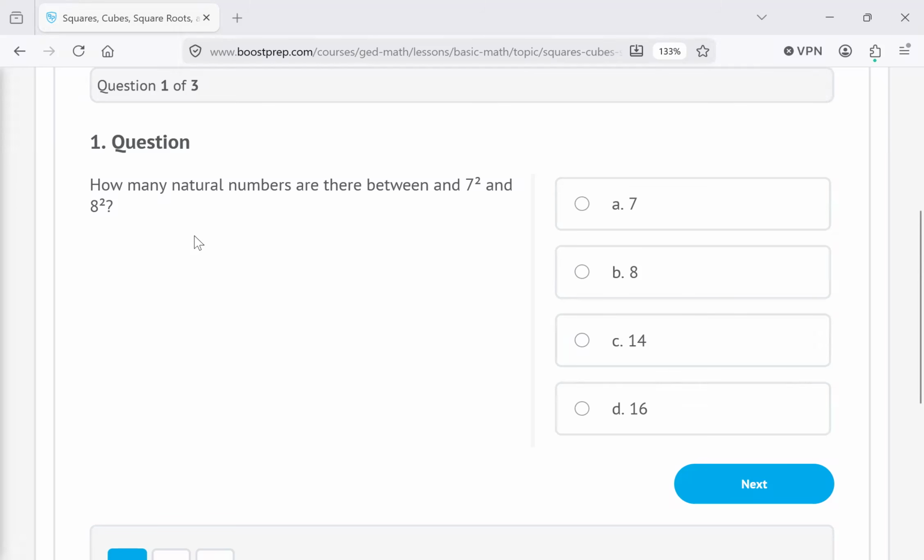Question one says, how many natural numbers are there between 7 squared and 8 squared?